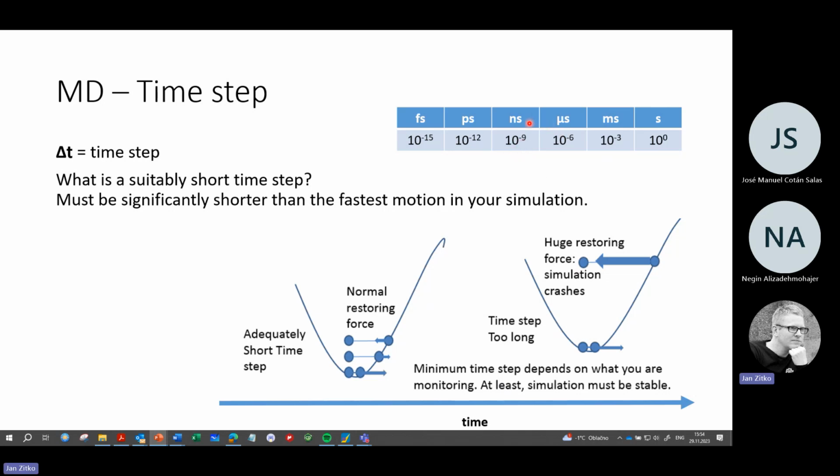But how short does the time step have to be? A typical time step in a molecular dynamics simulation is usually 1, 2, or 4 femtoseconds. So our simulations are typically nanoseconds, 10 to minus 9, but the time step is like a million times shorter. It's 10 to minus 15.